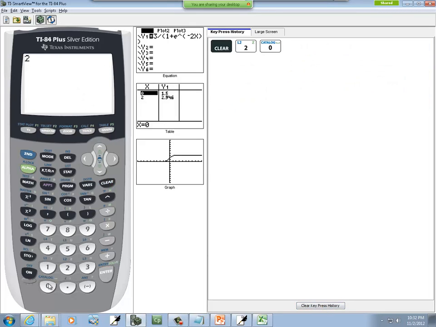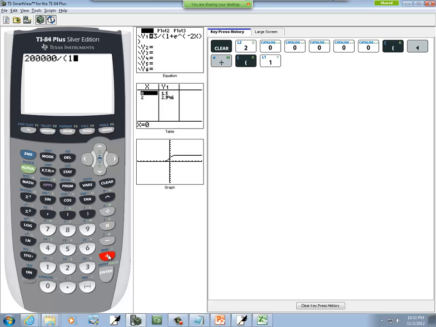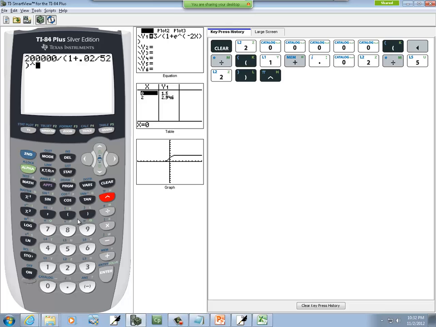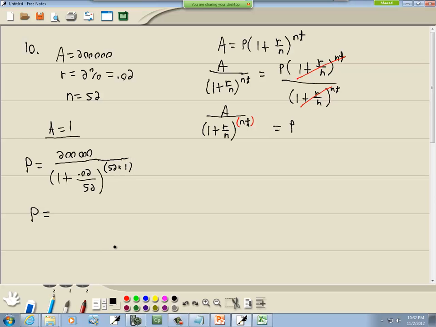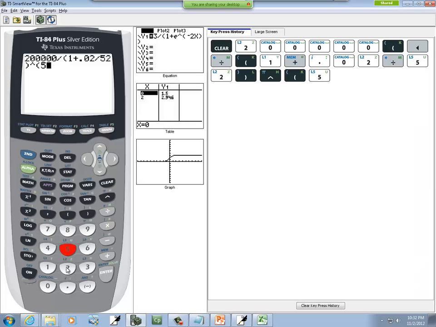So we've got 200,000 divided by, and then beginning parentheses, 1 plus 0.02 divided by 52, closing parentheses, caret, beginning parentheses, 52 times 1.